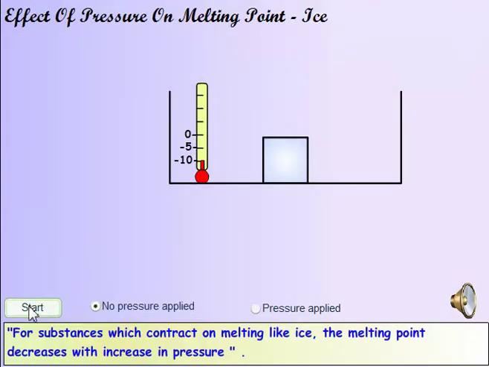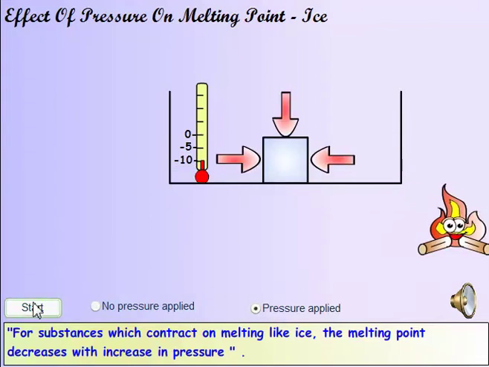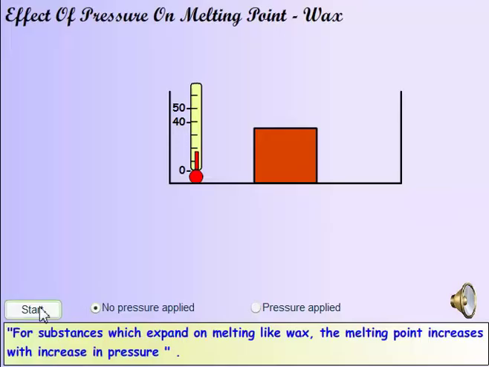For substances which contract on melting, like ice, pressure reduces the melting point. For substances which expand on melting, like wax, pressure increases the melting point.